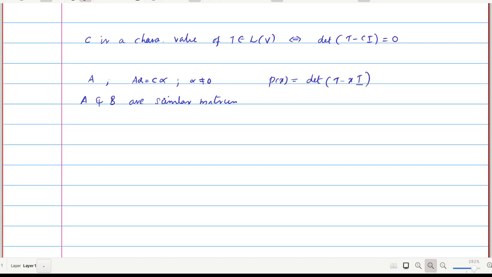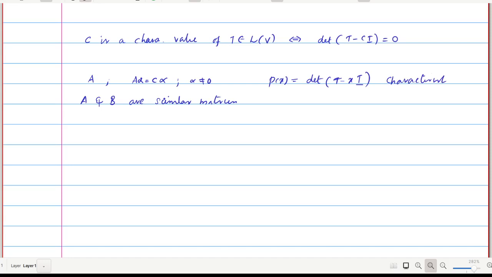Once T is given explicitly, first find the matrix of T, write the matrix T minus xI and find the determinant. Since all the entries of the matrix of T are known, this is always a polynomial in x. That's why we write it as P of x, and this polynomial is called the characteristic polynomial.